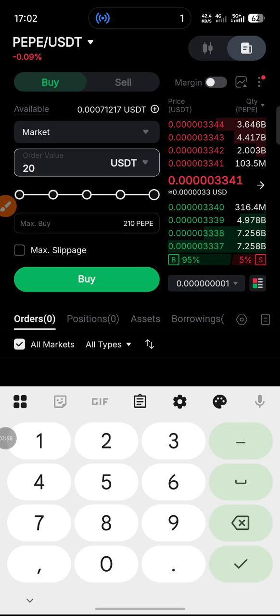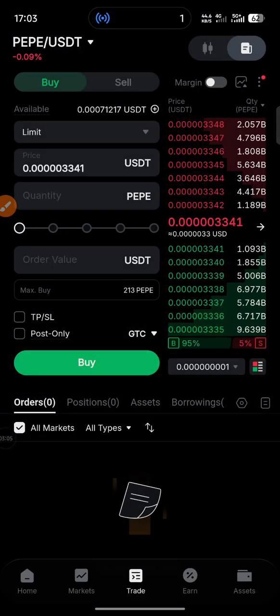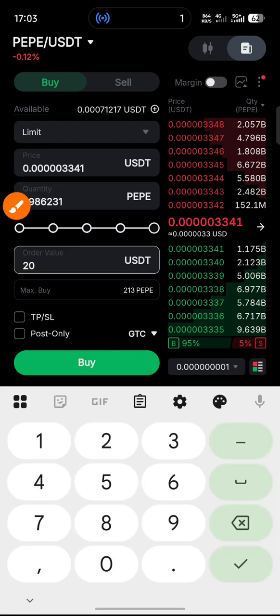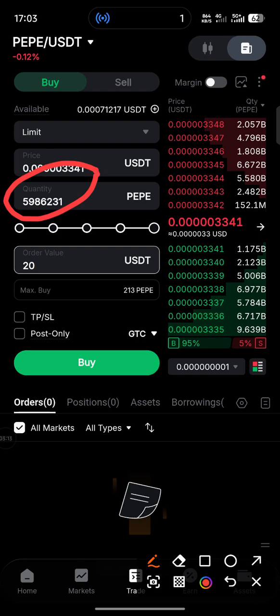You're going to get the equivalent, but it will not show you right here since you have chosen market. If you want it to show your equivalent, choose limit, input your 20 USD, and this is what you get in return. So for 20 USD, you get this. This is simply how it works.